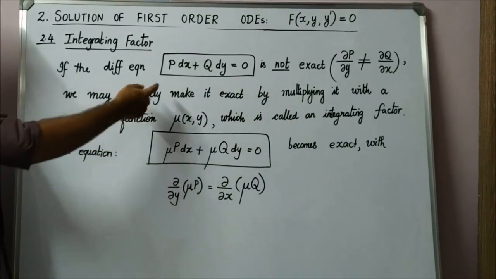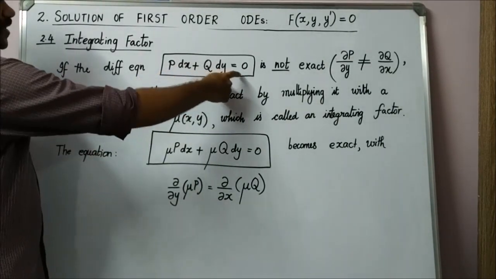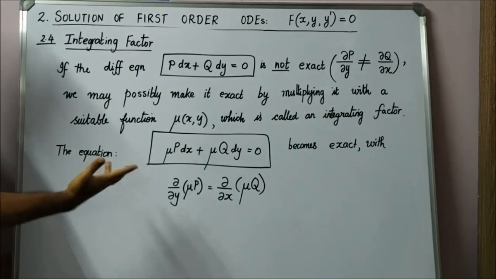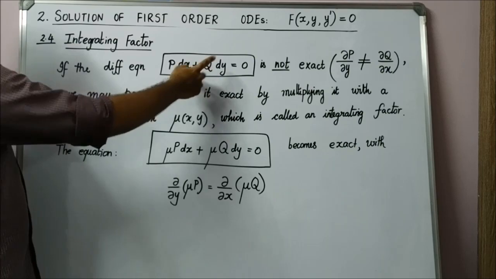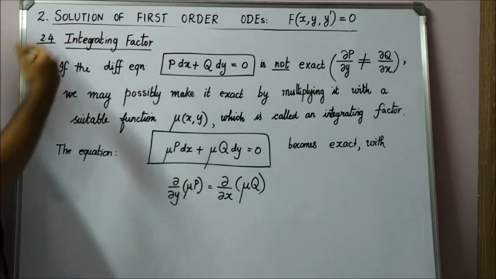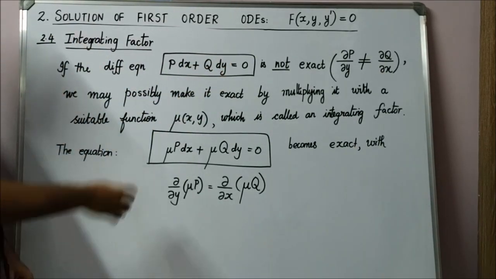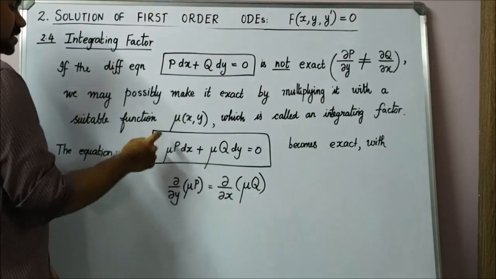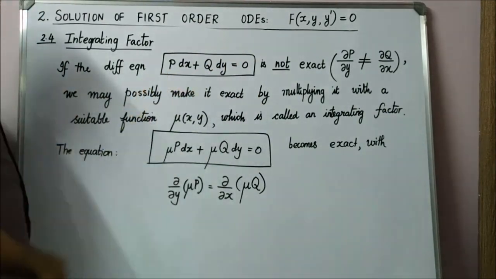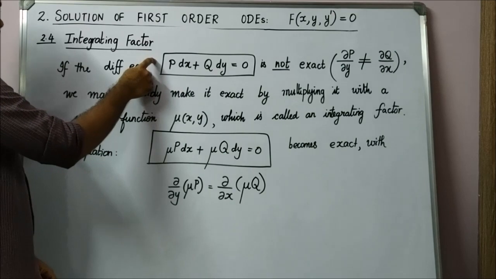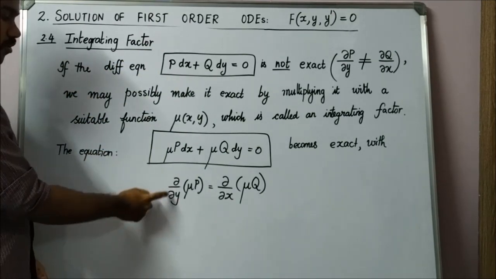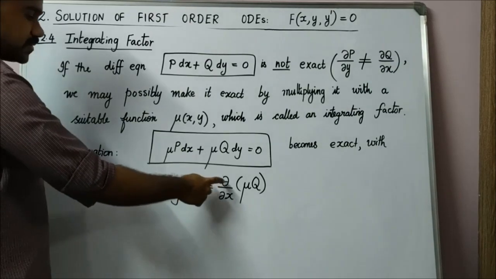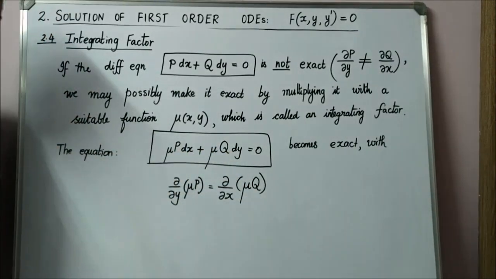Sometimes a differential equation of the form p dx plus q dy equals 0 may not be exact. That is, dou p by dou y need not be equal to dou q by dou x. So this is an inexact equation. But if you multiply this equation both sides by mu, which is some function, an inexact equation has now become an exact equation because dou by dou y of mu p is equal to dou by dou x of mu q.